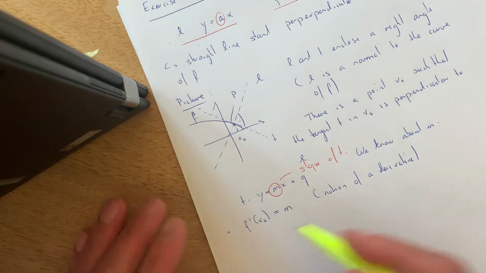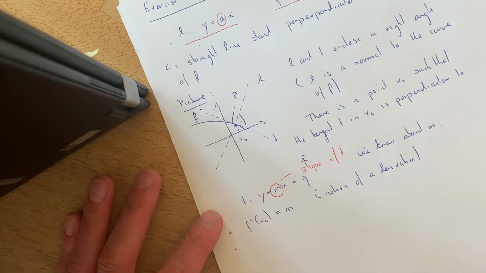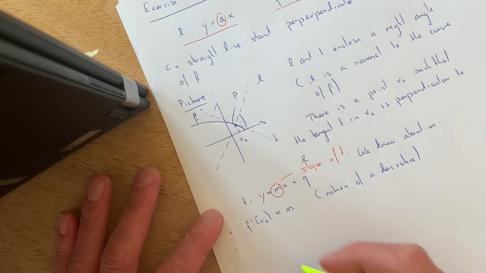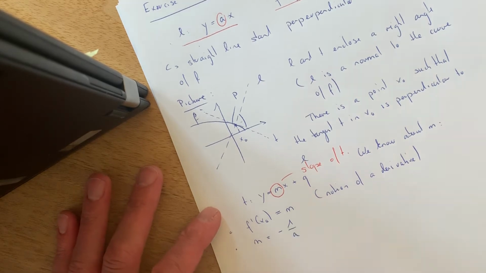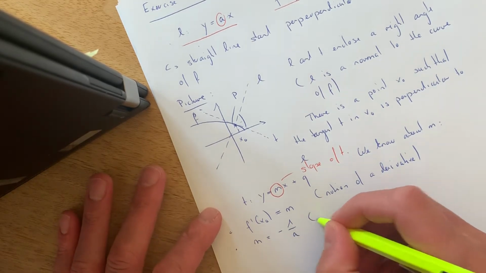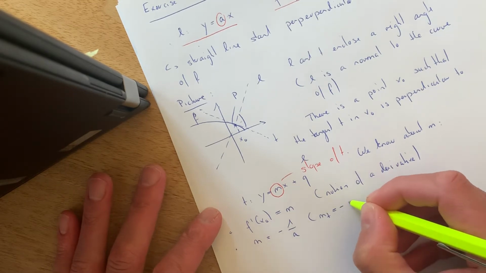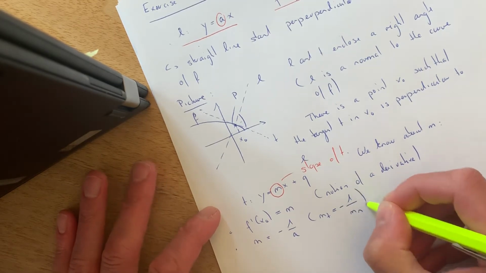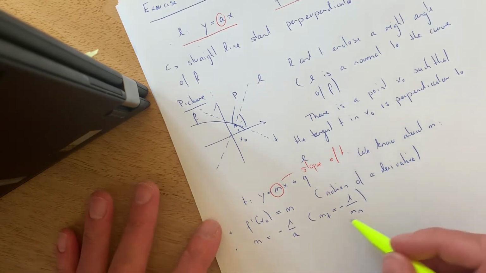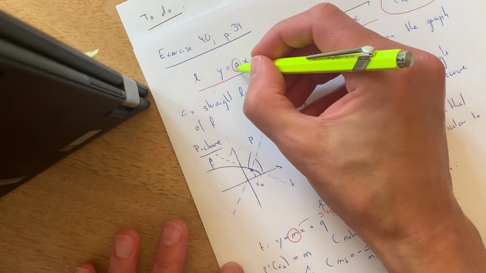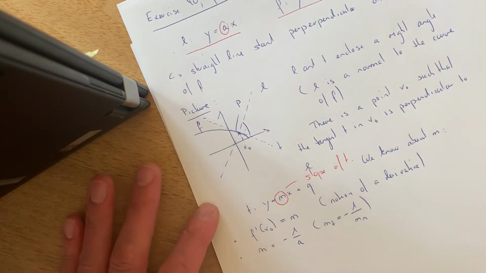But now maybe the more important part is, well, m is also equal to minus 1 over a. Why is this the case? Well, don't forget our formula. The slope of the tangent equals minus 1 over the slope of the normal. And that's precisely what we are using here, because the slope of the normal is a. So the slope of the tangent is given by this.